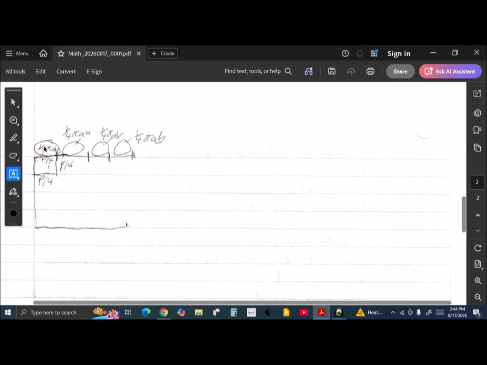And each one of these quadrants would contain an area of 1/4 pi AB. So this line segment can contain 1/4 pi AB, and this one the same, and this one.